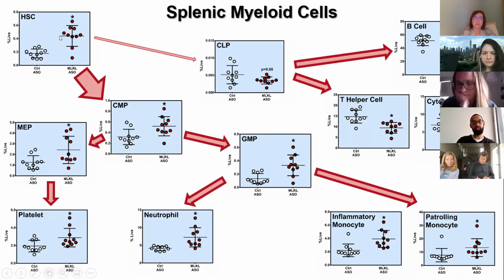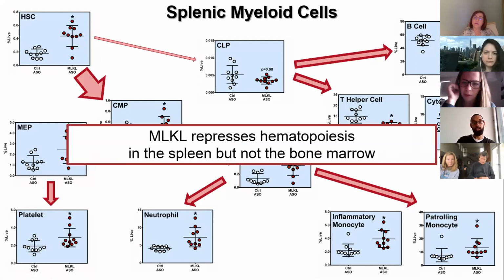And this skewing away from the lymphocyte population and towards the myeloid population is a pretty good indication that we actually are seeing an extramedullary hematopoietic phenotype. So this suggested to us that MLKL represses hematopoiesis in the spleen, but not the bone marrow.